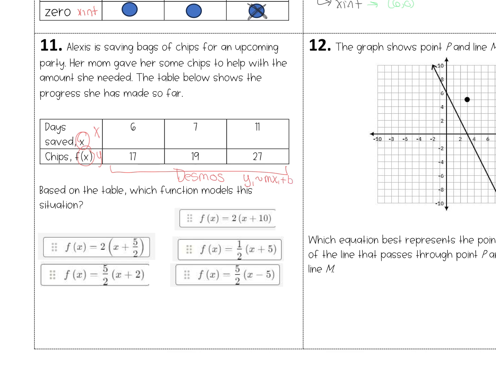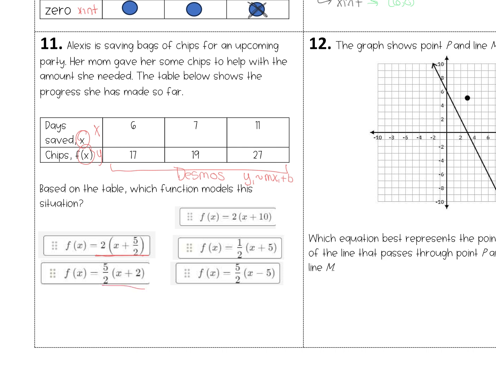And if it were me, I would then go through and graph each one of these things that I'm underlining in red until you find the exact one that matches. The other thing you can do is distribute like this and find the equation that matches.